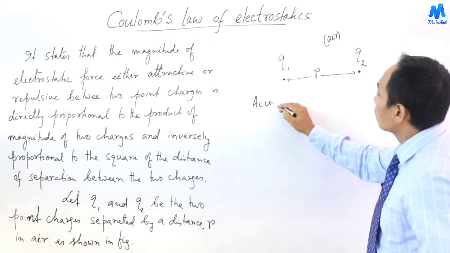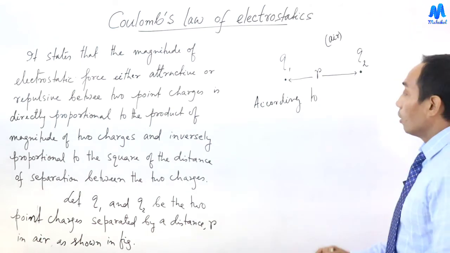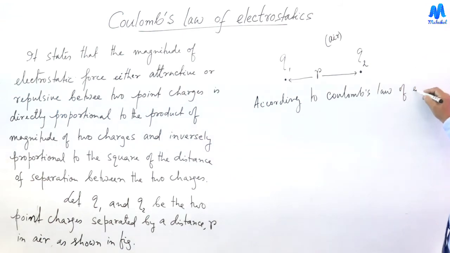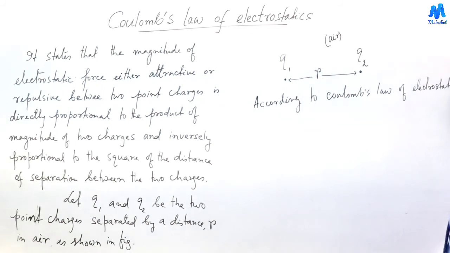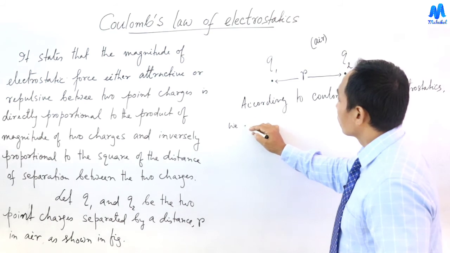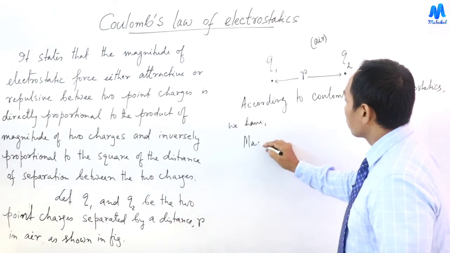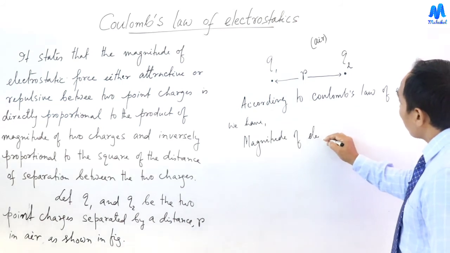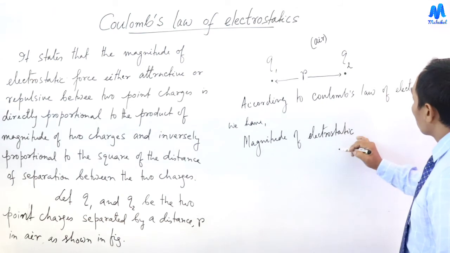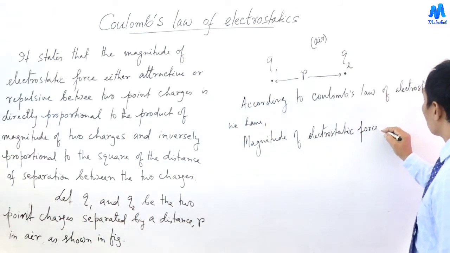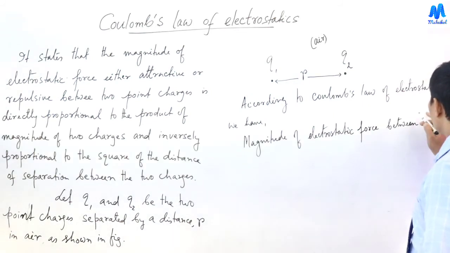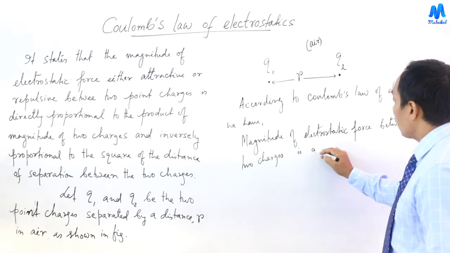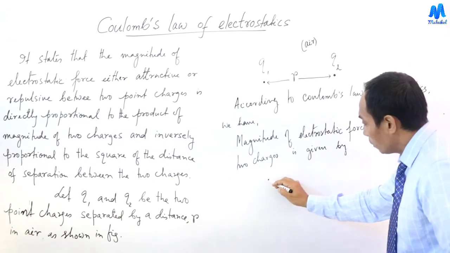According to Coulomb's law of electrostatics, we have the magnitude of electrostatic force between the two charges is given by, let it be denoted by capital F.